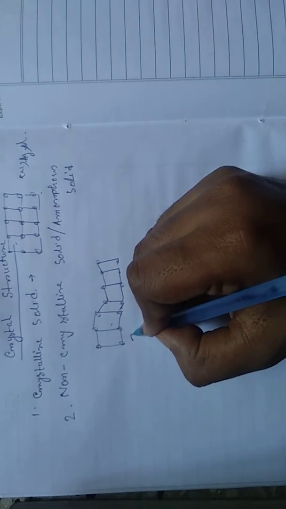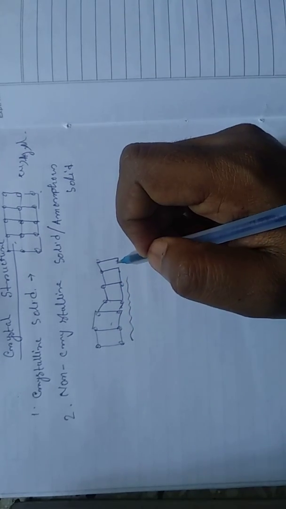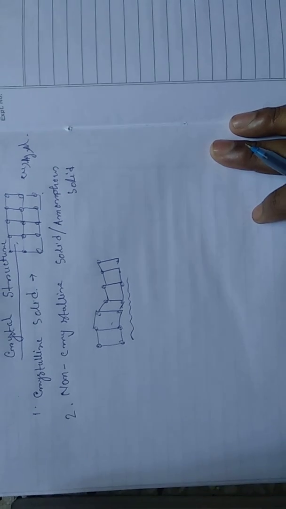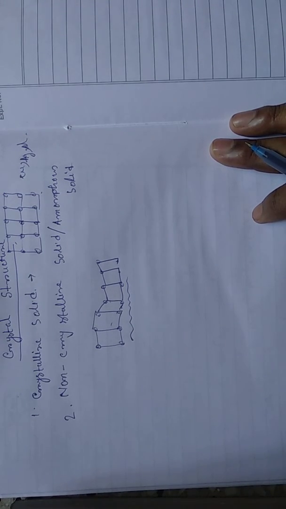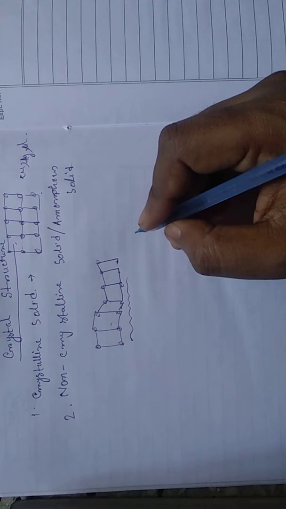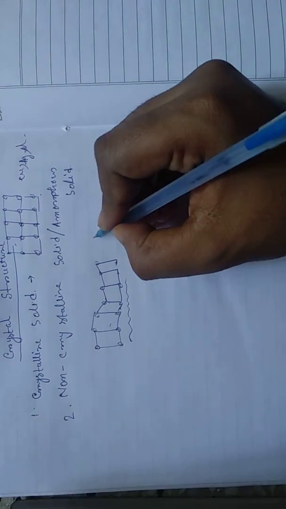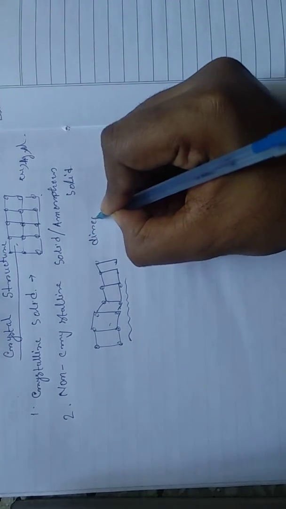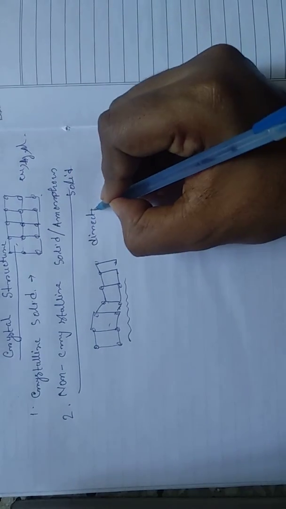This type of material is called amorphous or non-crystalline solid. And one more important point is that they do not have directional properties.